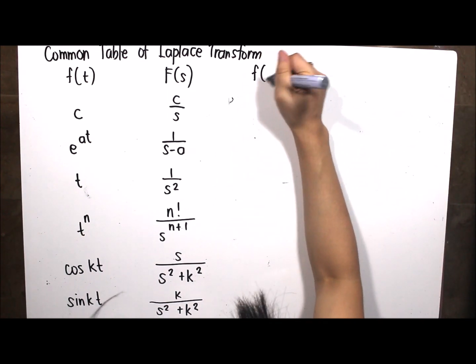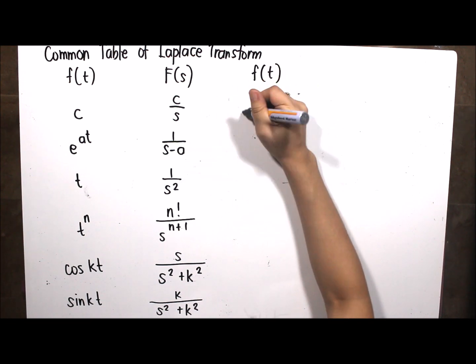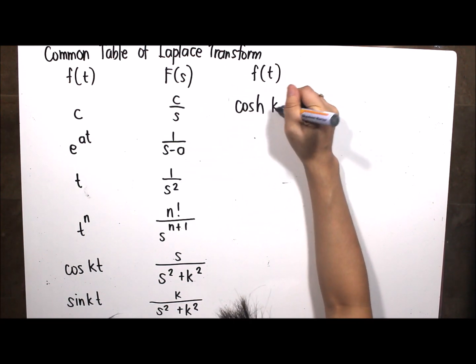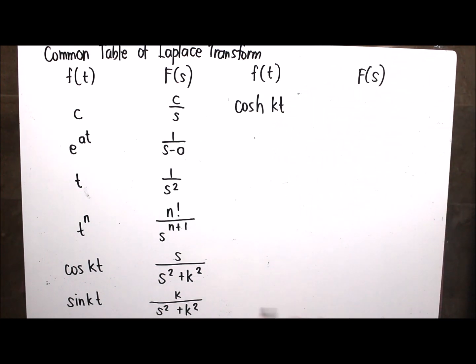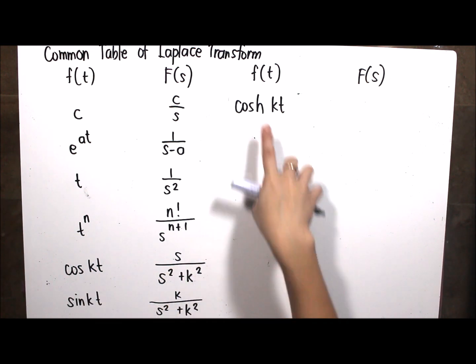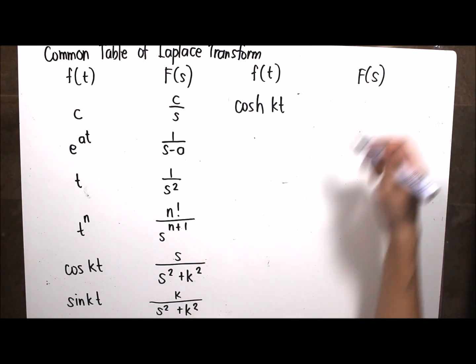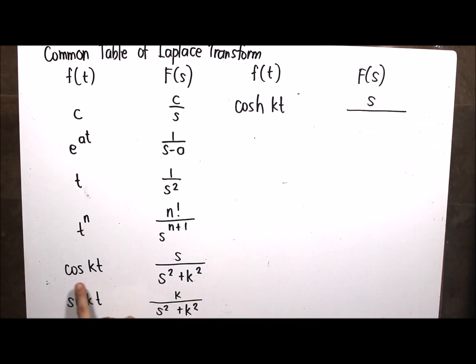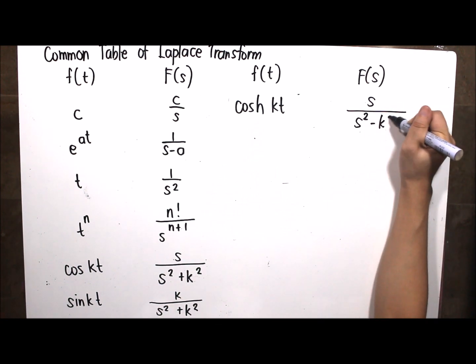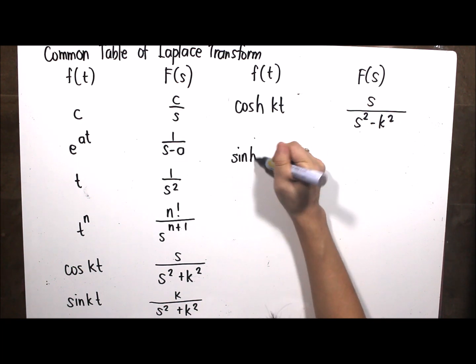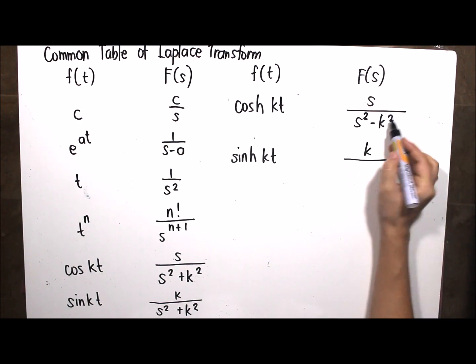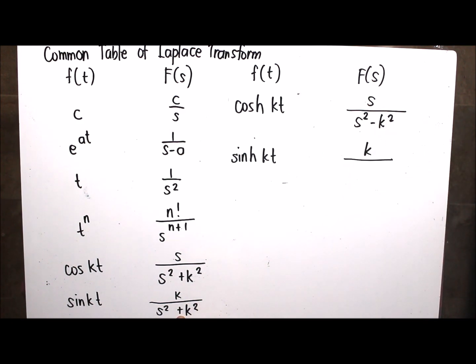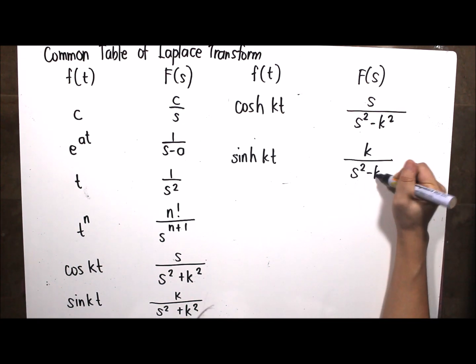If our f of t is hyperbolic cosine kt, its Laplace transform has the same numerator as cosine. So for hyperbolic cosine, it is the same as cosine: s still. The difference from trigonometric to hyperbolic is that this is positive, here it is negative. For hyperbolic sine kt, the numerator is the same as sine, k still, but the denominator, instead of positive, is negative: s squared minus k squared.